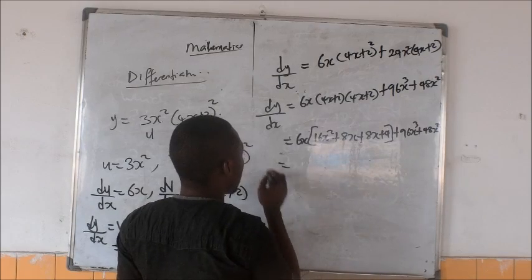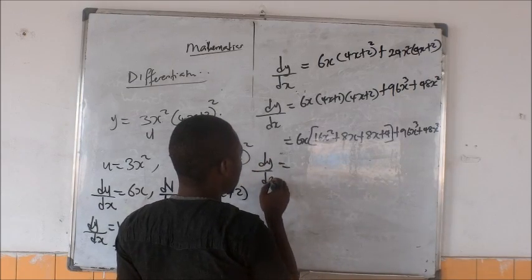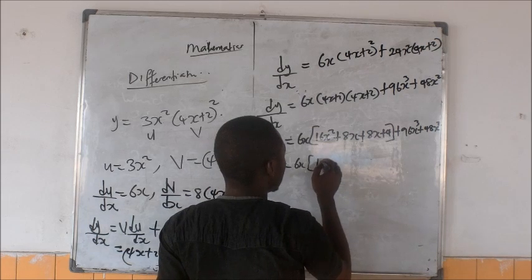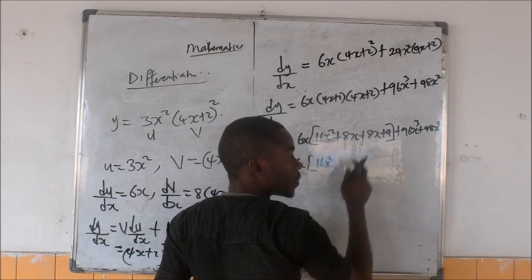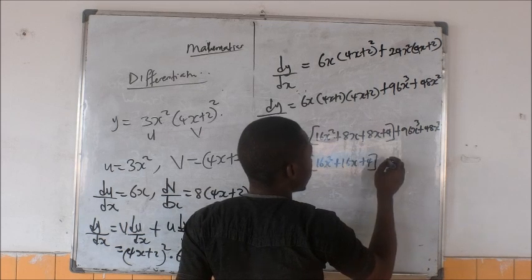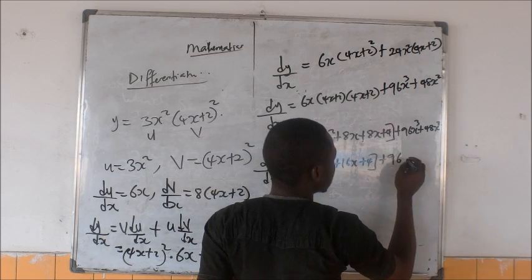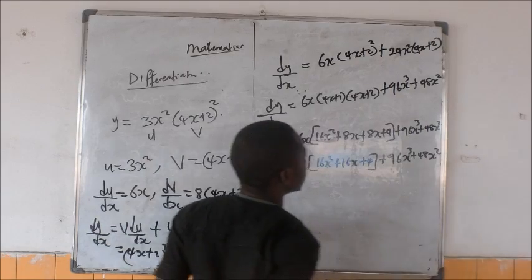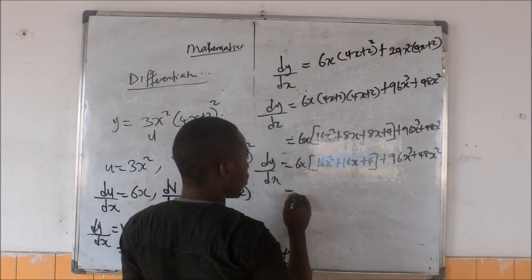At the end of the day, you have dy over dx equal to 6x into bracket 16x squared plus 8x plus 8x, that's plus 16x plus 4. Plus 96x raised to 3 plus 48x squared.